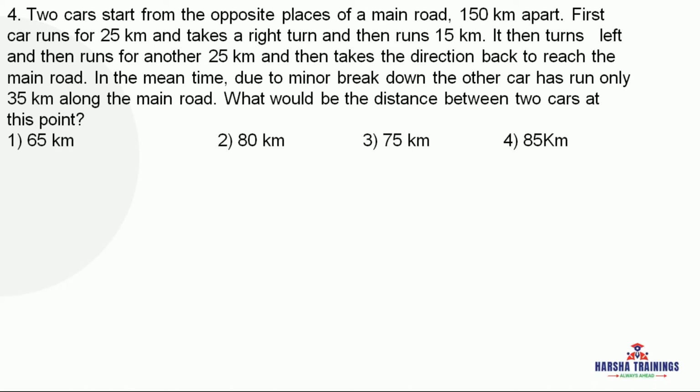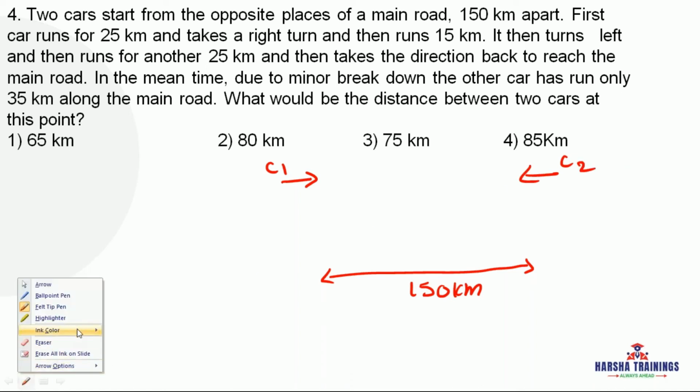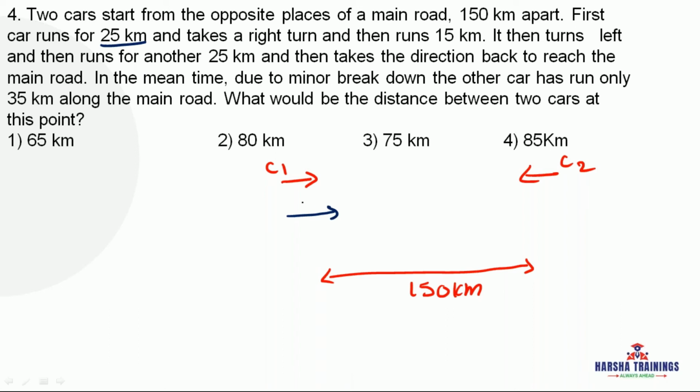Okay, what is the total distance of the main road? 150 kilometers, right? Two cars are moving in opposite directions, this is car 1 and this is car 2. The first car runs 25 kilometers and turns to the right side, moving 15 kilometers.